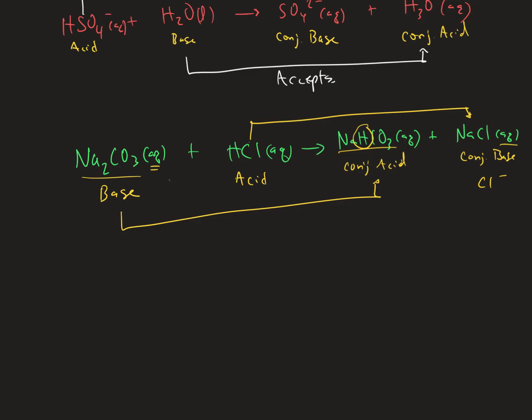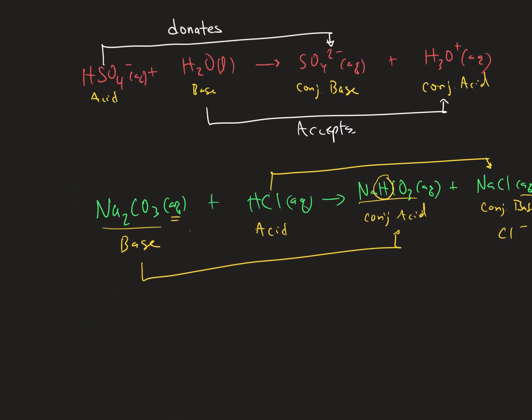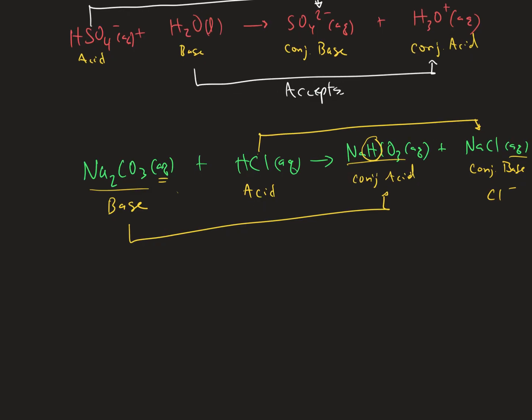So these first two I did were simple ones. Should we make this one a simple one? We have CO3 2 minus plus H2, well, that's not a good one. If we have HCl plus H2O, no, that's not a good one either.